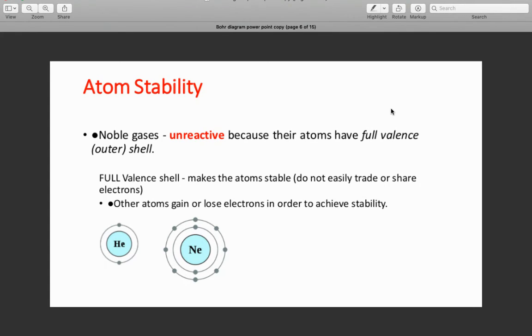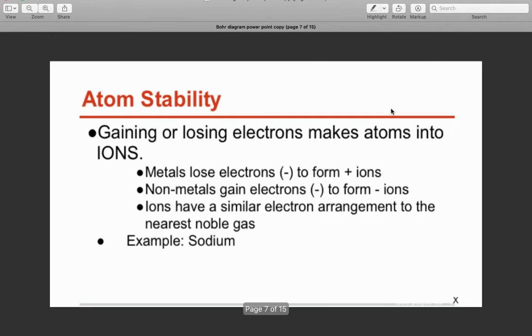But for the other elements, they lose and gain electrons in the outermost shell, and by doing this, they achieve their stability. So atom stability is gaining or losing electrons. Gaining or losing electrons makes atoms into ions, and we are going to look into Bohr diagrams of ions in tomorrow's lesson.